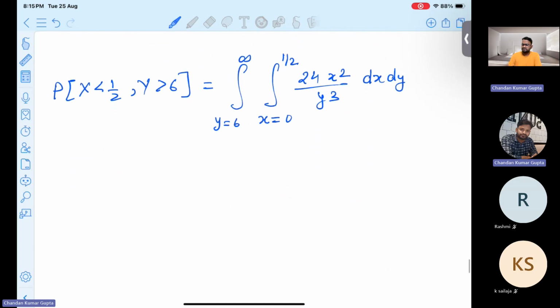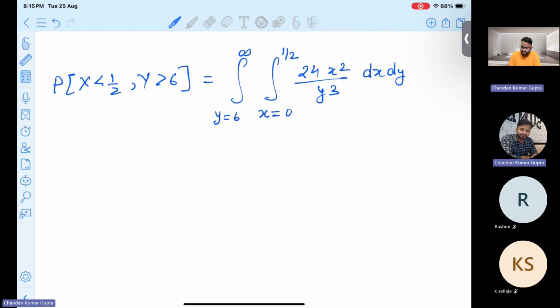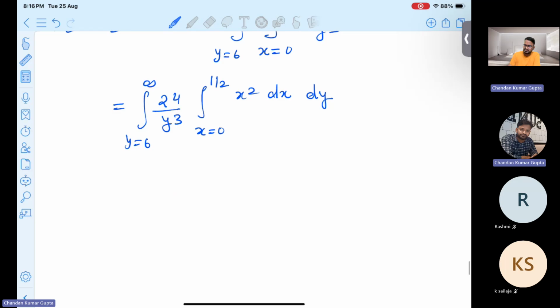So let's start again in the same manner. For y from 6 to infinity, we can take 24 upon y cube common because it does not contain any x. Then x from 0 to half of x square dx, and then dy.